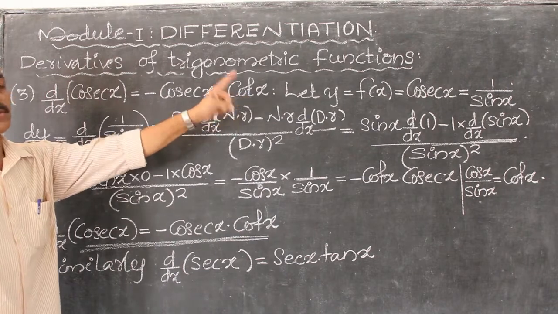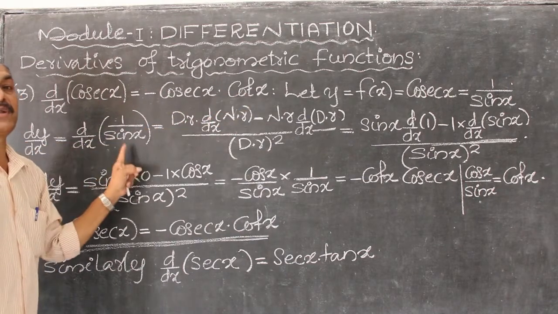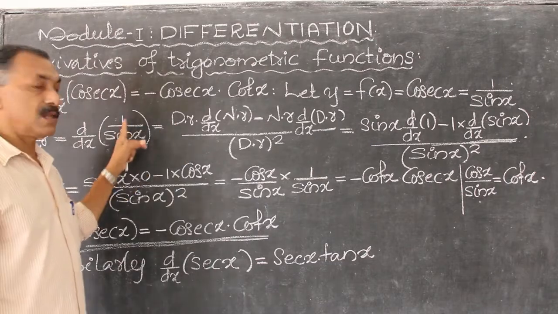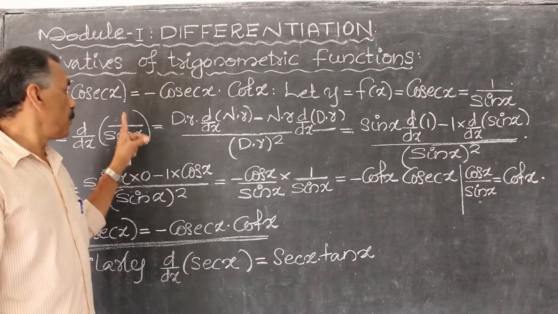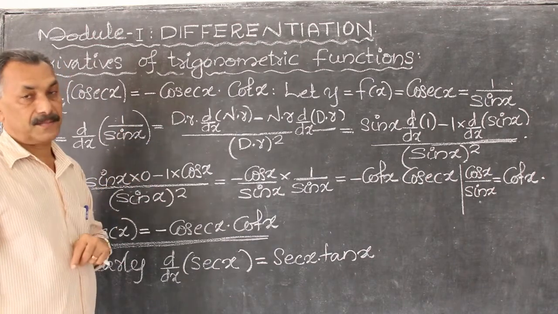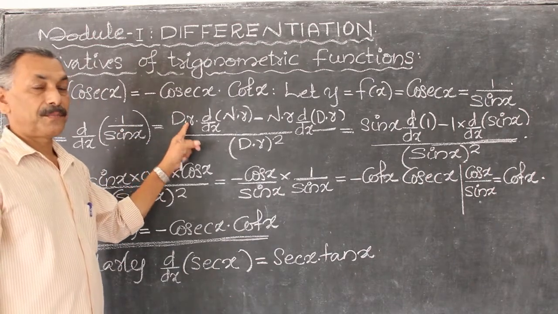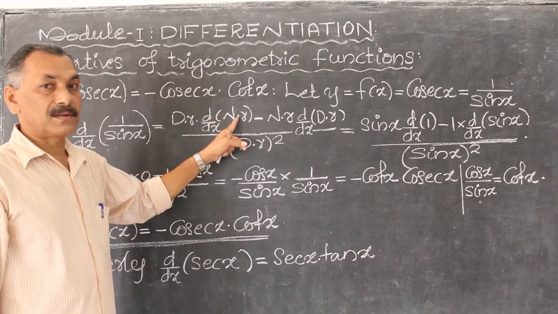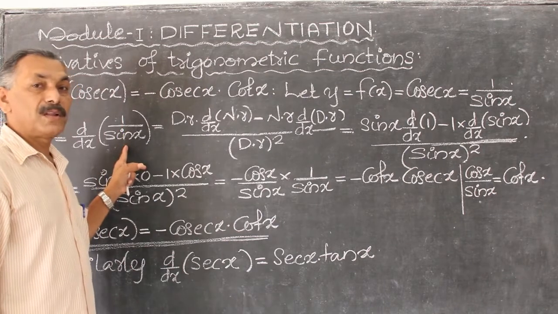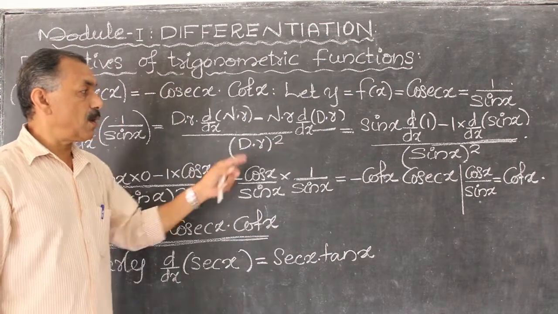Now apply the quotient rule. This is in the form of a quotient where the numerator is equal to 1 and the denominator is equal to sin x. The rule is: denominator into derivative of numerator minus numerator into derivative of denominator, divided by denominator square.